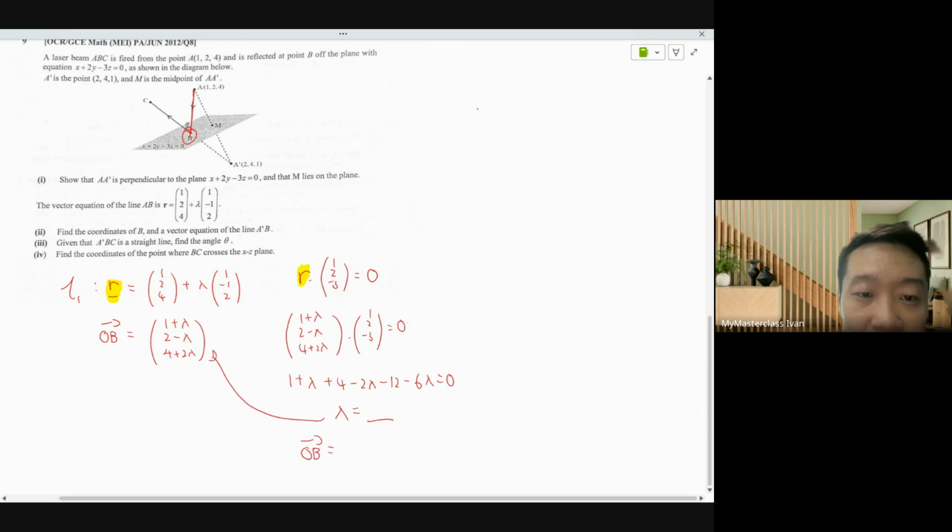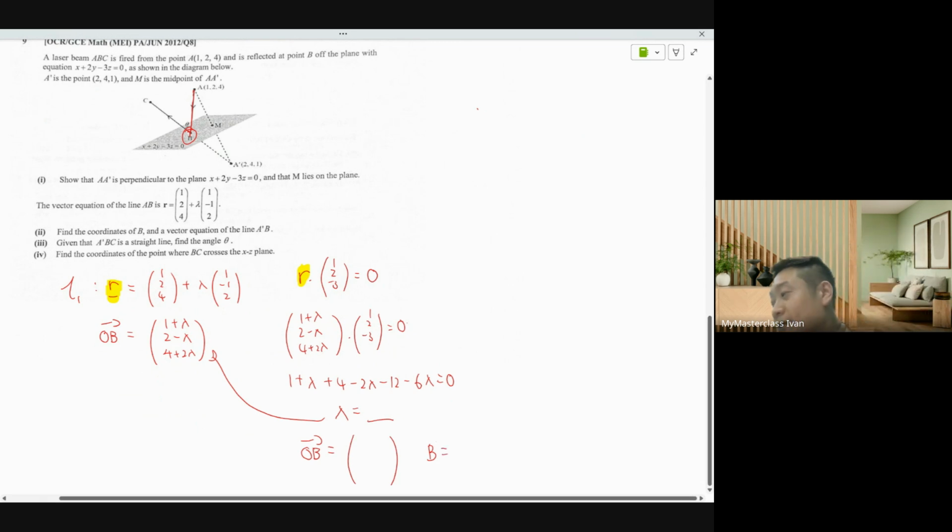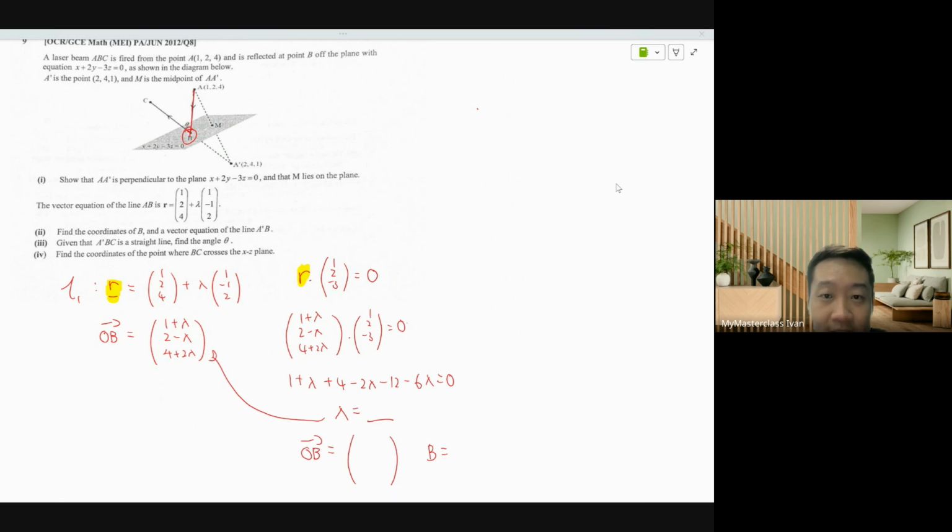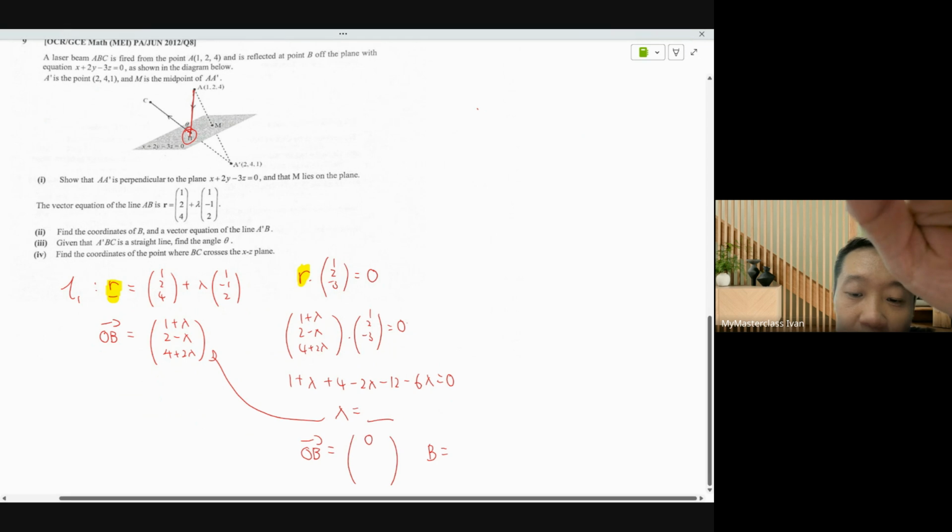They want the coordinates, so you have to change it to B equals what. So let's say for the sake of it, you found that OB is 032. Don't leave it like that, write it as 0, 3, 2.